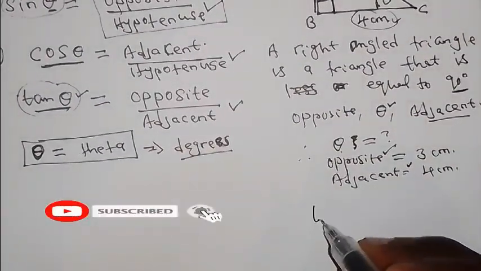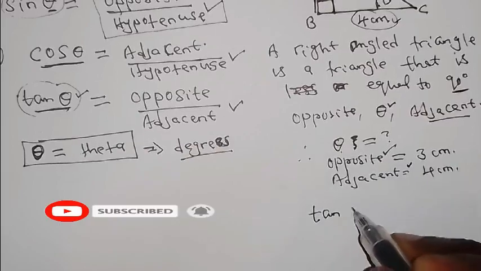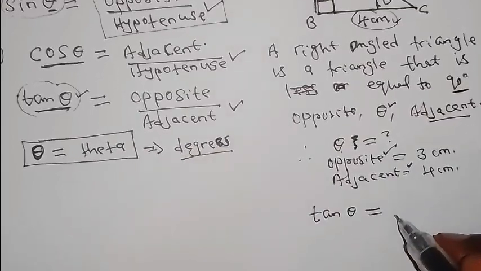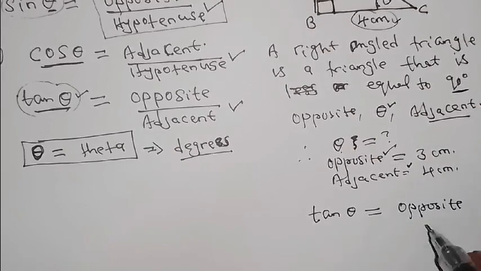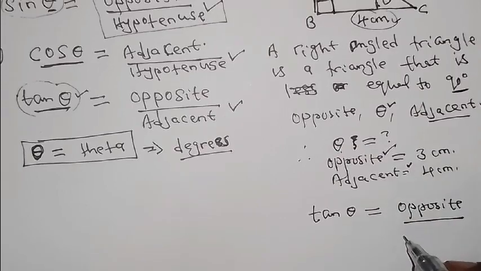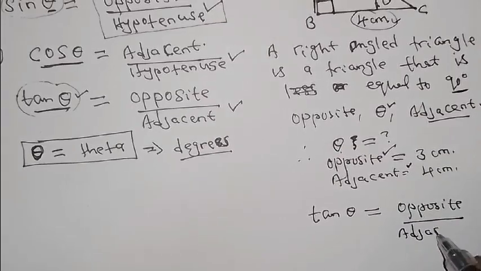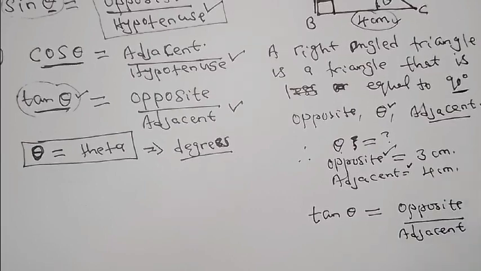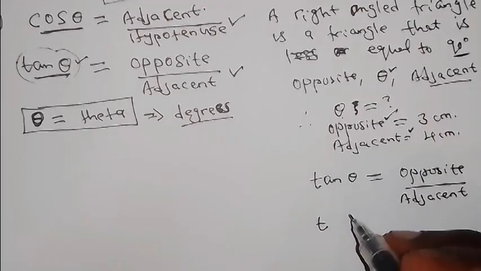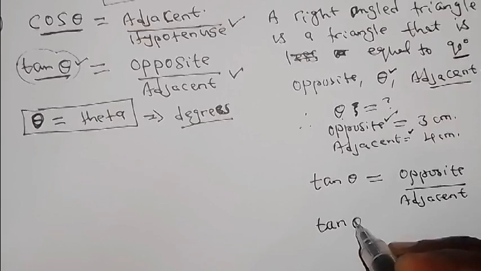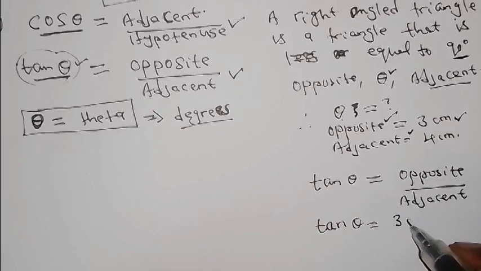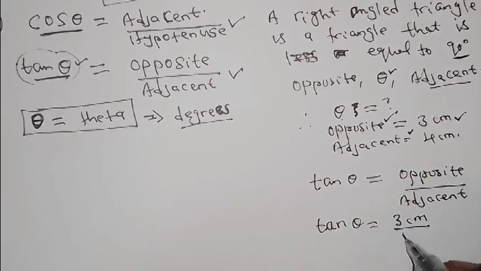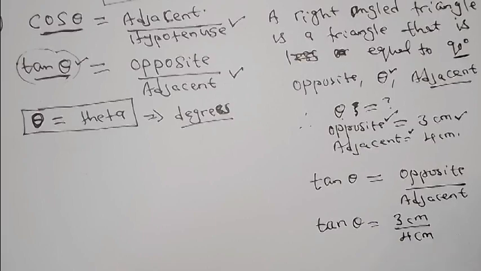So we know that tan theta is equal to the opposite over the adjacent. From there, tan theta, the opposite is 3 centimeters over the adjacent, 4 centimeters.